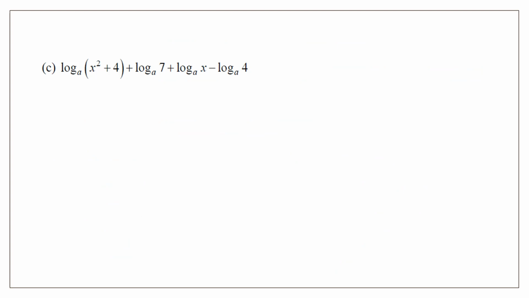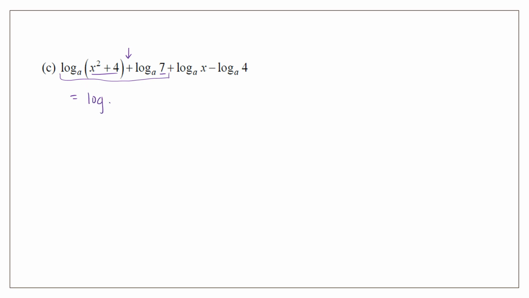And C, log base A of x squared plus 4 plus log base A of 7 plus log base A of x minus log base A of 4. Okay, so we're going to take this piecemeal one at a time, going from left to right and just start combining logs together. The first one is going to be these two logs, which are being added together, so we're going to multiply these two together.